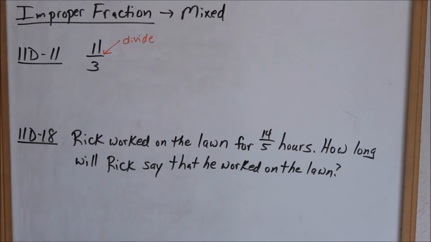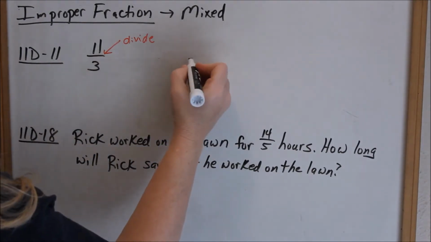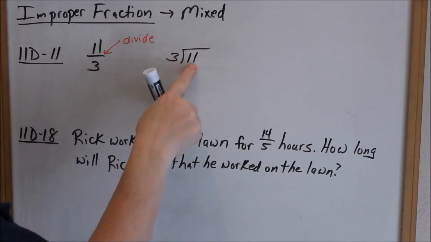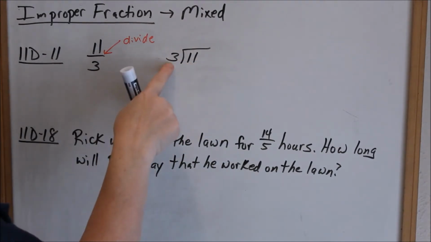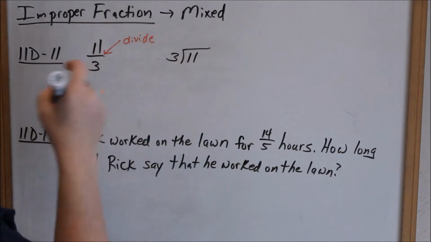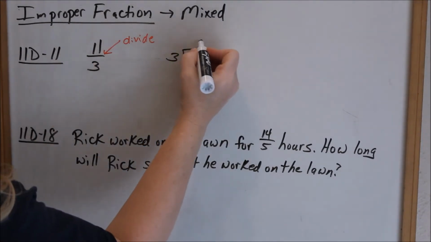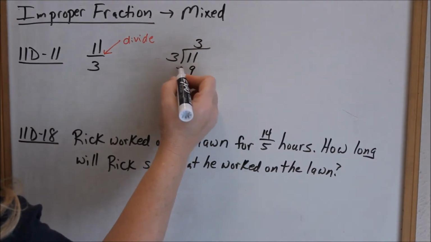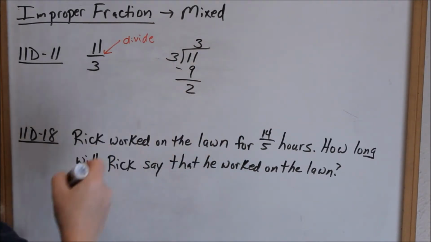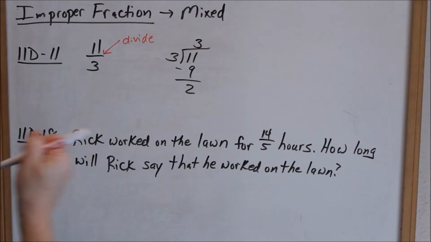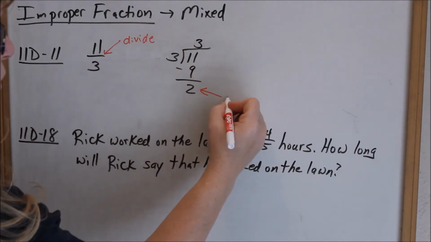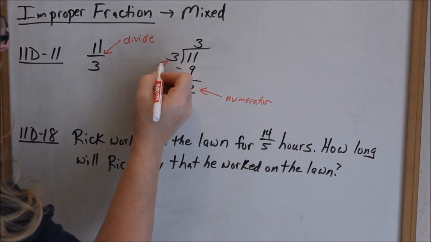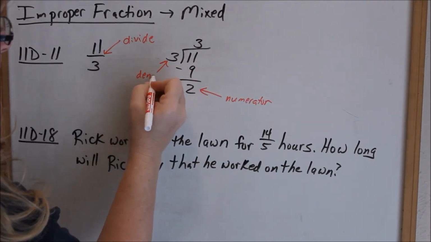So you can turn this into a long division problem. You would write it like this: 11 divided by 3. The numerator goes under the house, the denominator goes out in front. So how many times is the most that 3 goes into 11? 3 times. And then multiply 3 times 3, 9. Now subtract 2. So this remainder, that becomes your new numerator, and the number out in front will always be your denominator.